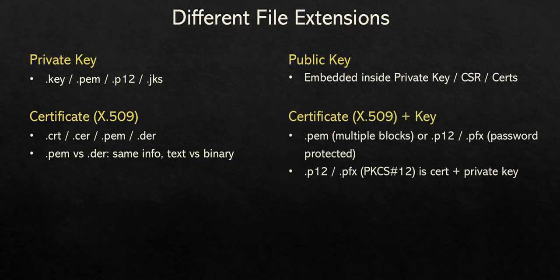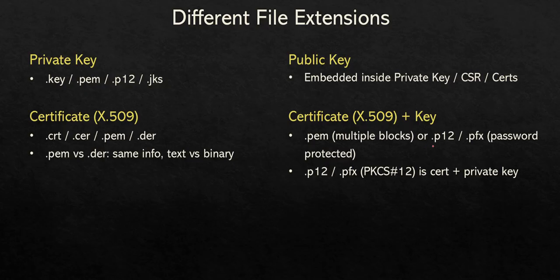Okay, what's next? Certificate and the key. We discussed this extension getting repeated, PEM here as well. It is because in the PEM file, there are multiple blocks in the file itself, and the private key is also covered there.